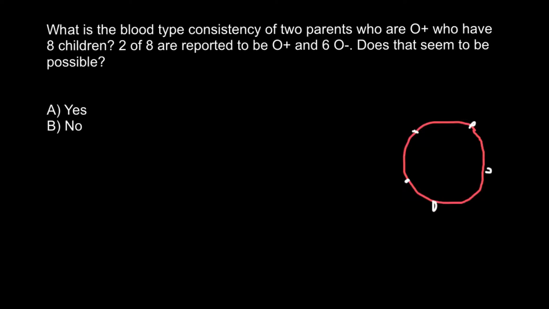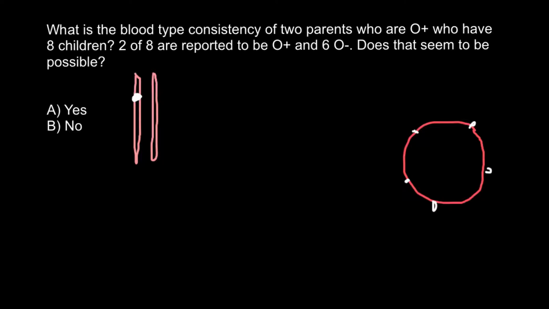And first of all, is it possible that two persons who are Rh positive may have Rh negative children? We are diploid, so we have 2 chromosomes from each parent, 23 pairs of chromosomes. Now imagine that on one of the chromosomes we have the Rh gene that produces Rh protein, and on this chromosome it is normal.